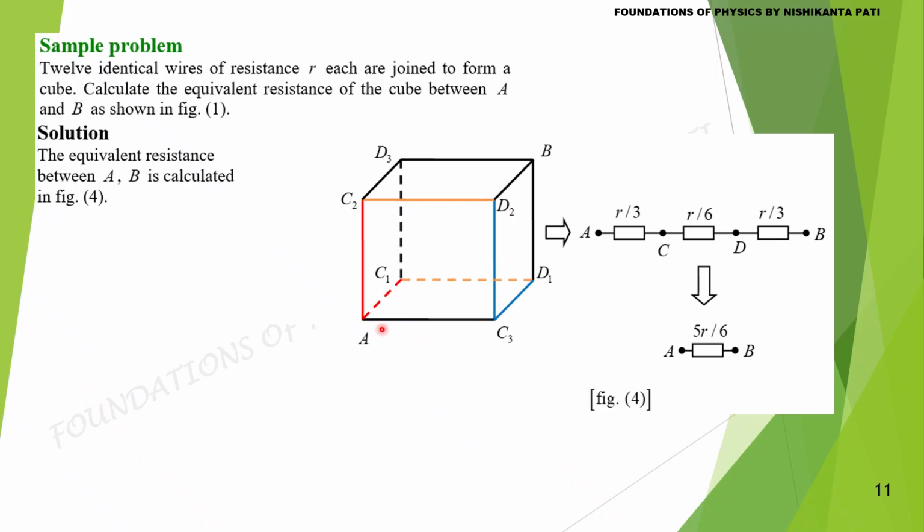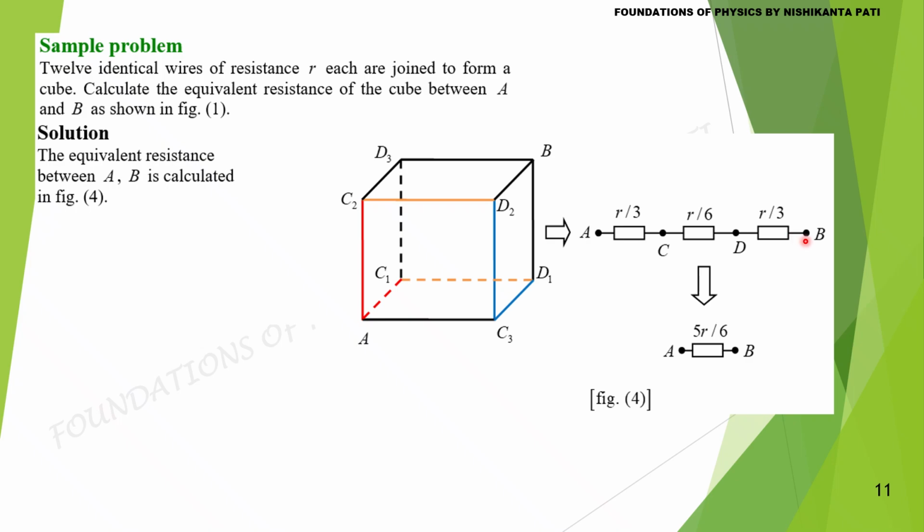If a battery is connected between A and B, the points C1, C2, C3 are of same potential. We can join them to form C. The points D1, D2, D3 are of same potential. We can join them to form D. A to C, the total resistance is R by 3 since these are parallel.